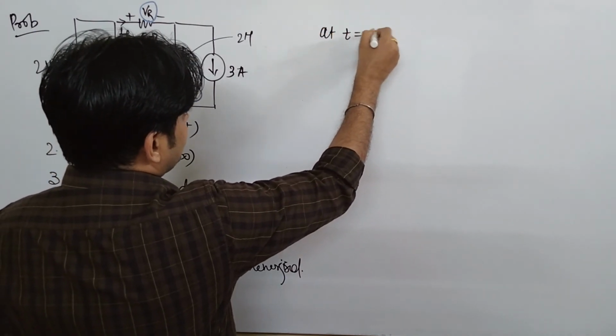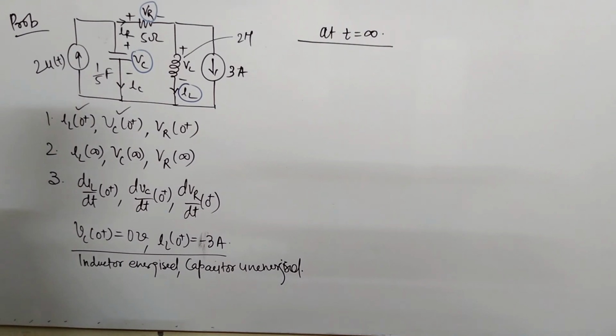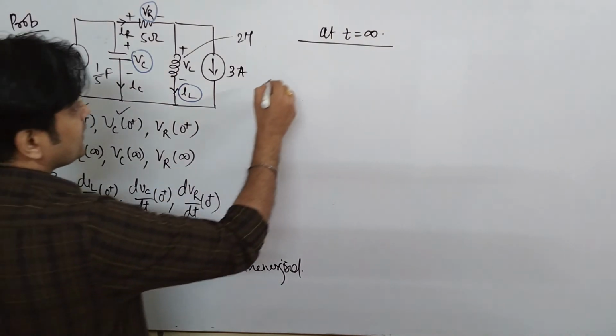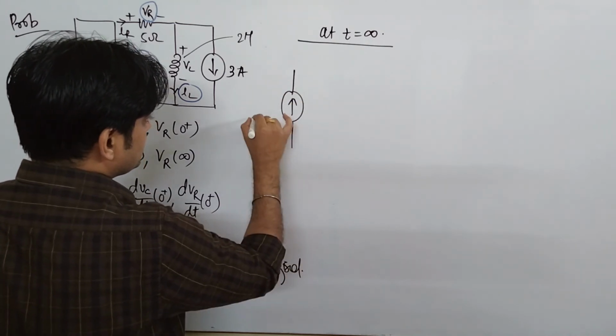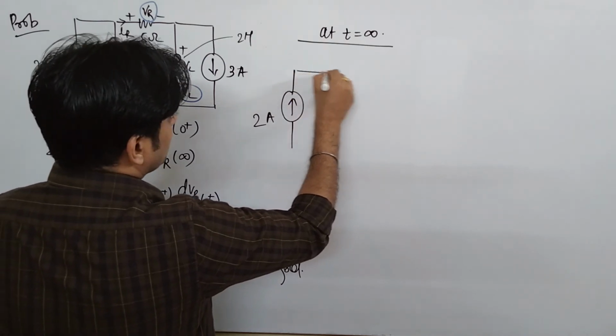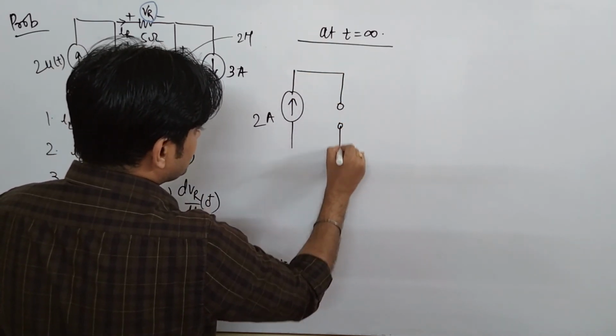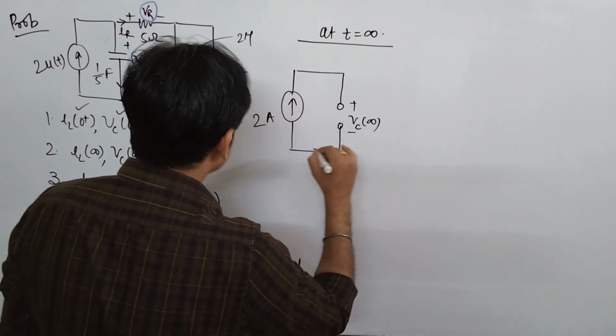first of all we will see t equal to infinite also. If you draw this circuit at t equal to infinite, what is the condition of the circuit? This 2 ampere current source comes into picture because it is u(t). At t equal to infinite, the capacitor behaves like an open circuit with this voltage as Vc(infinite).